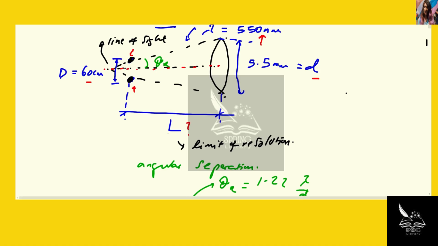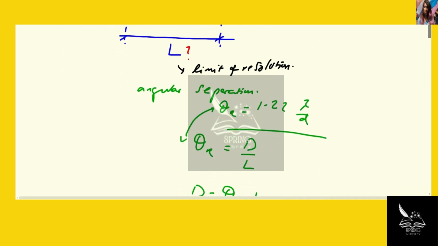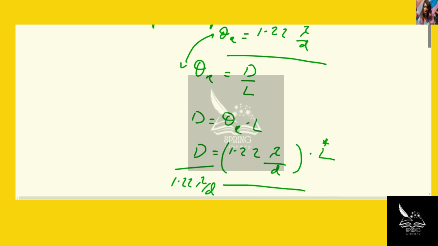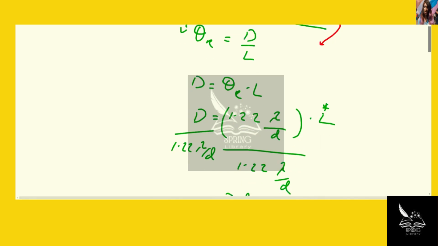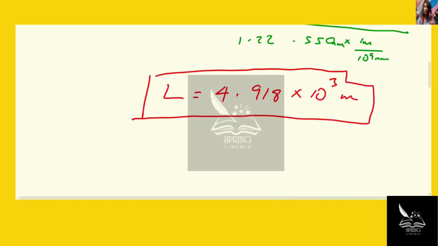We do have to change those units into meters, but before that we compare the formulas for theta r, which is the angle of resolution, and then we plug in the numbers and we end up having 4.918 times 10 to the 3 meters.